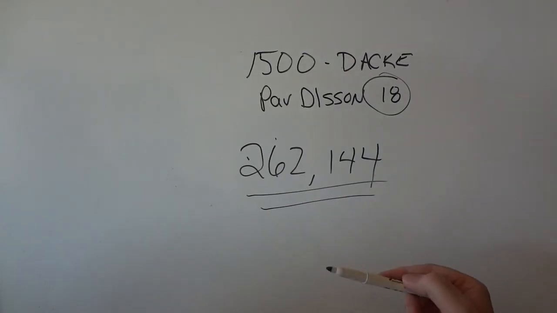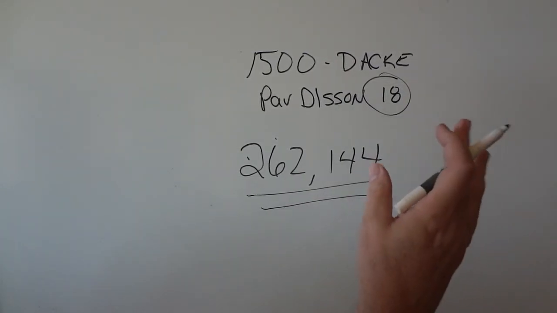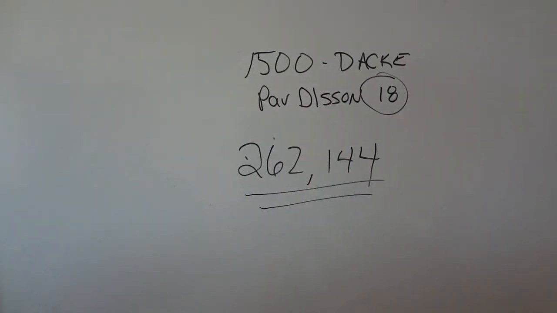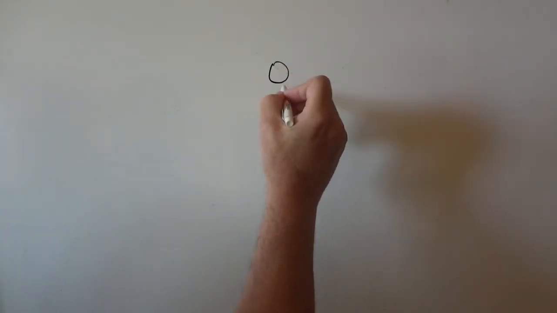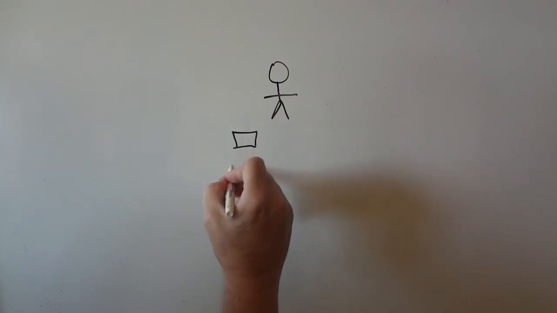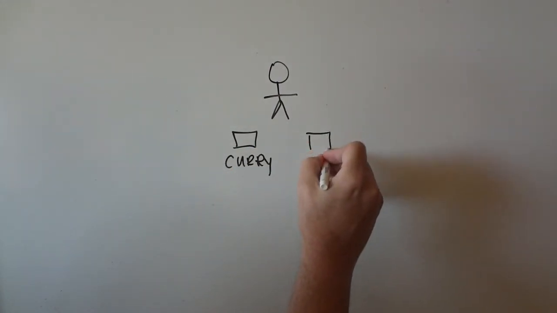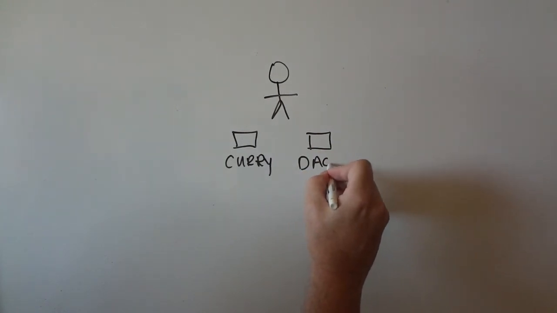So let's go back to today's time, and let me show you my branch so you can see how we are related. All right, so looking at my history, here's me. And my father was Albert Curry, and my mother was Ingrid Dacklin.